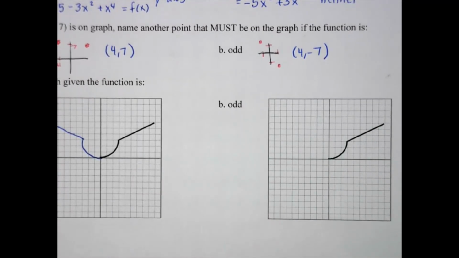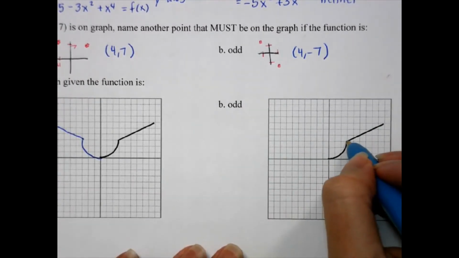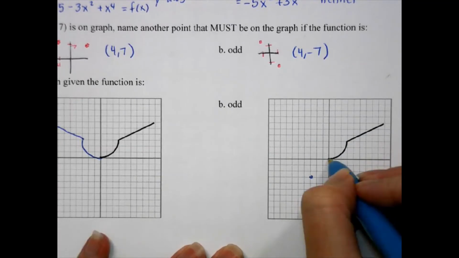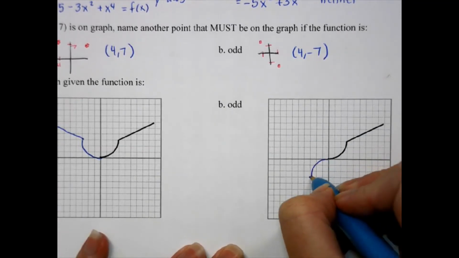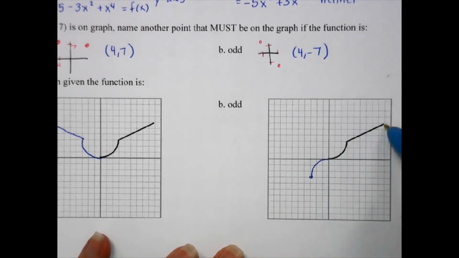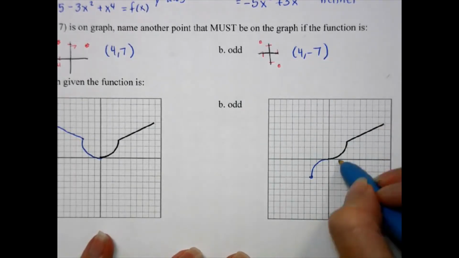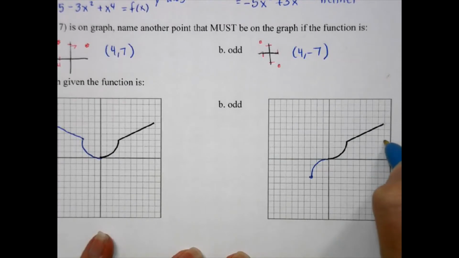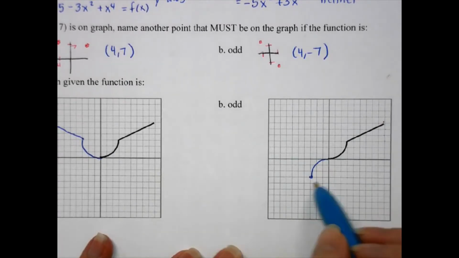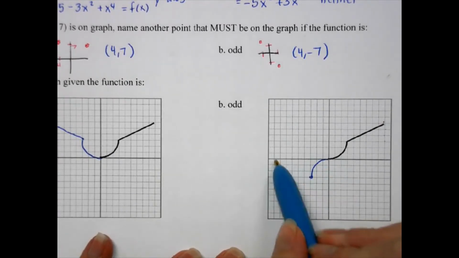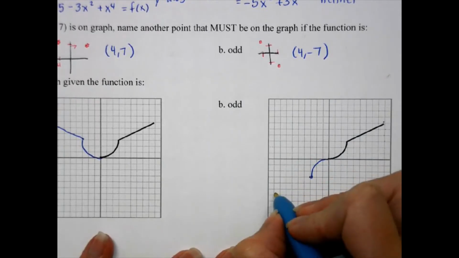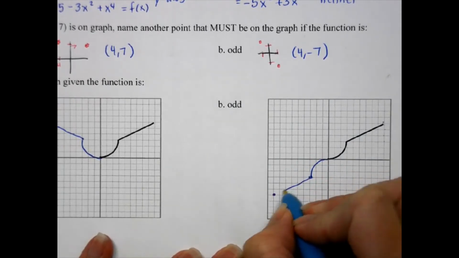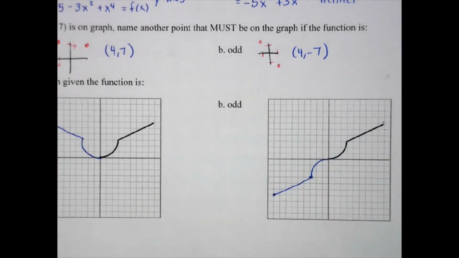So there's going to be a point here and a point here, and this is going to look like this. And then you could just trace the point if you're not sure how this is going to look. So this is at 9, up 6. So we're going to go back 9 and down 6. Like that. It's also going to look the same if you flip it upside down.